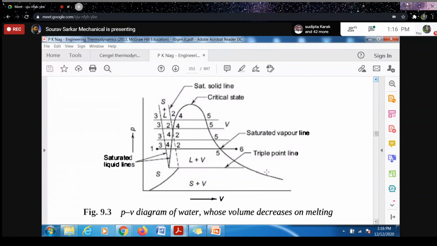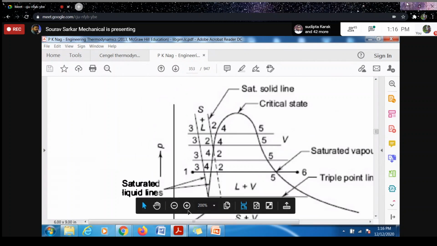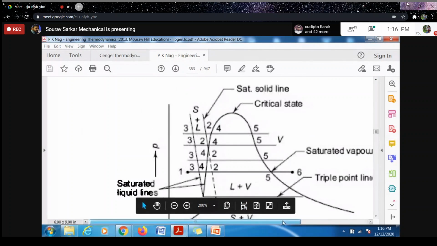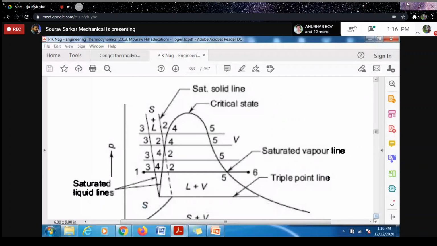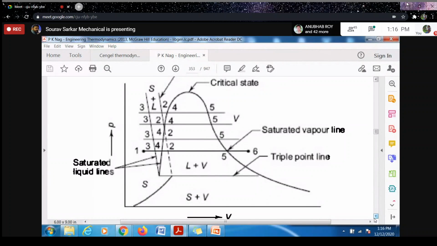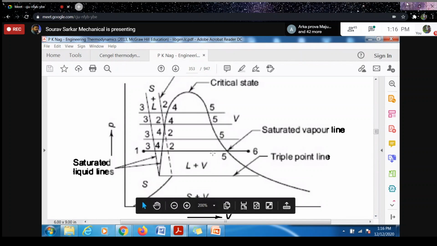Yeah. So if you look into this diagram, this diagram is visible to you. Yes, sir. So this is the point 1. Marker is there.